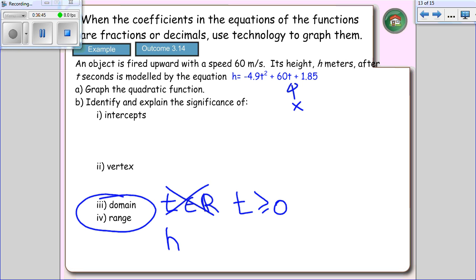So we need to figure out that maximum point. We should really write this the other way. The height's going to be greater than 0, but it's going to be less than some point. You have to figure out what that point is. Go ahead and try both these word problems on your own. If you finish before the end of class, which you definitely should, there's a practice booklet for you to start practicing your skills.